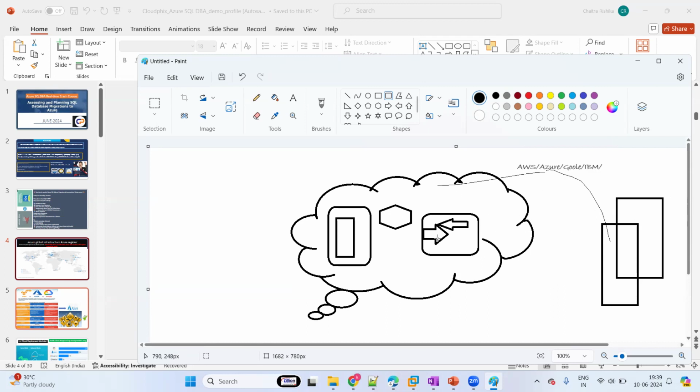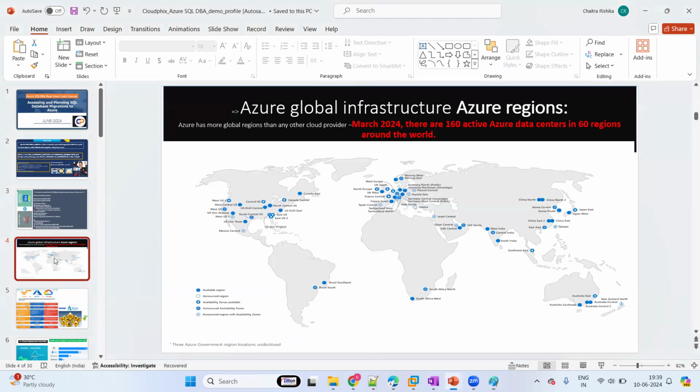To support that, Microsoft, as of 2024, maintains 60 regions. We will discuss what a region and a data center are, just at a high level here. They have 60 regions and 160 active data centers.